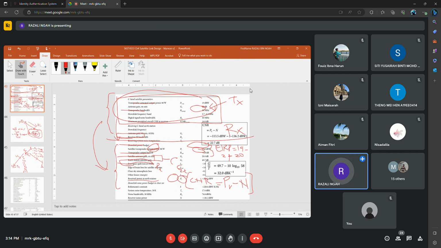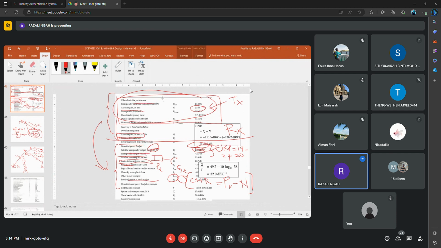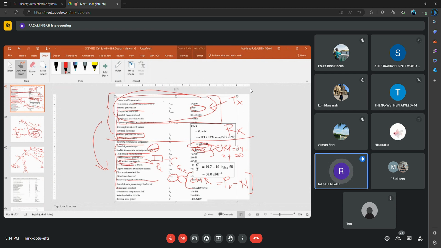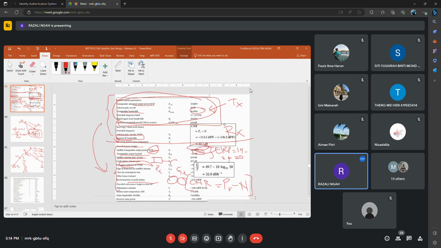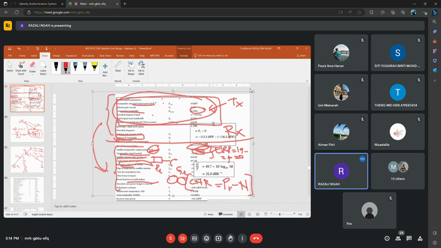In order to determine receive power, you just simply add together 19 minus 2 minus 20 minus 49.7 minus 9.